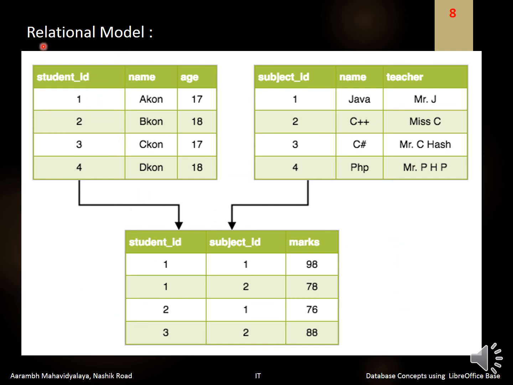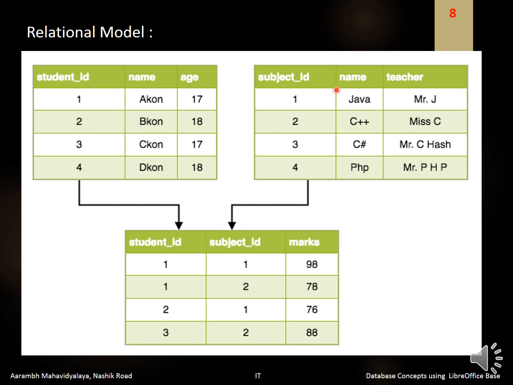The next one is the relational model. Here two tables are used. The first has student ID, then name of the student and age of the student. This table is known as the student table, and the second table is the teacher table, where student ID, name and teacher's name are provided.